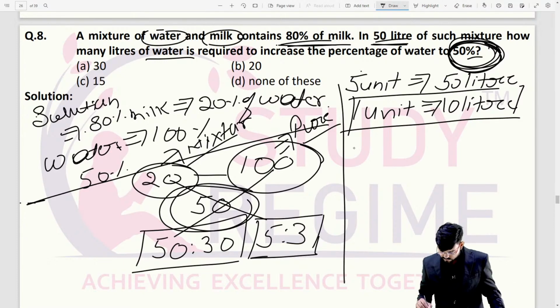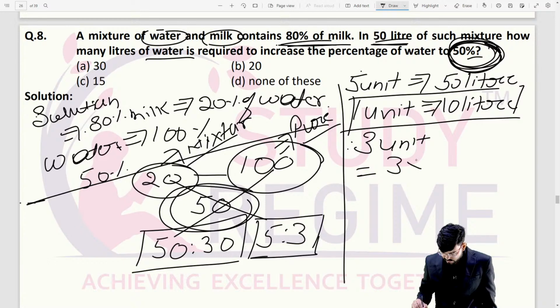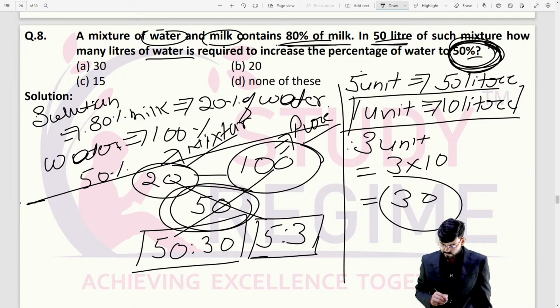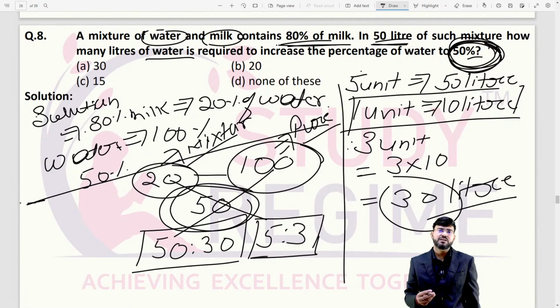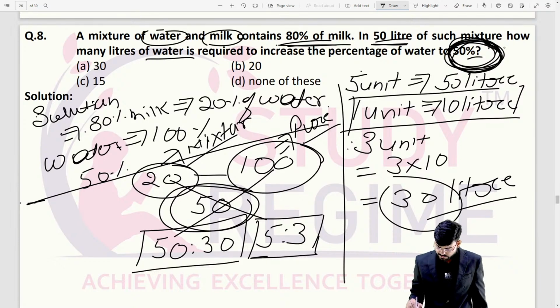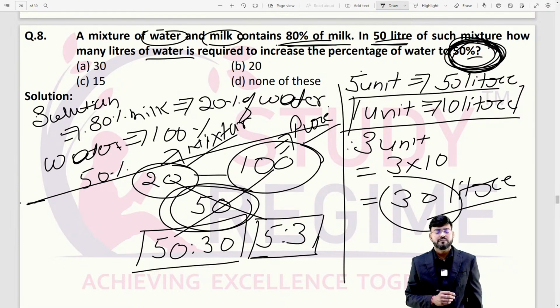Therefore, the quantity of water to be mixed is 3 units. 3 units will represent how much? 3 into 10, it will become 30. So therefore, 30 liters of water should be added to the mixture in order to make the percentage of water 50%.